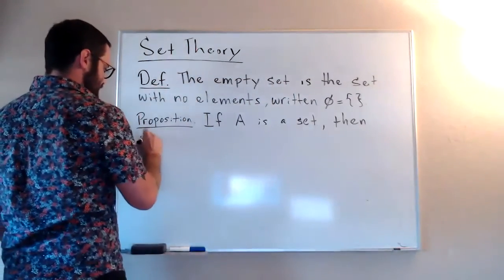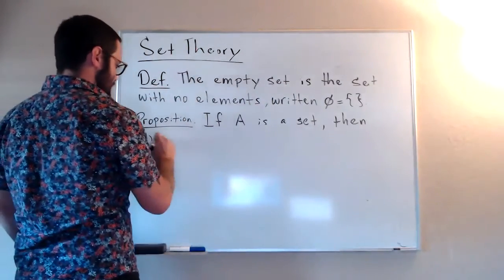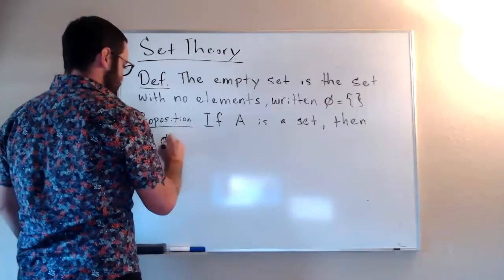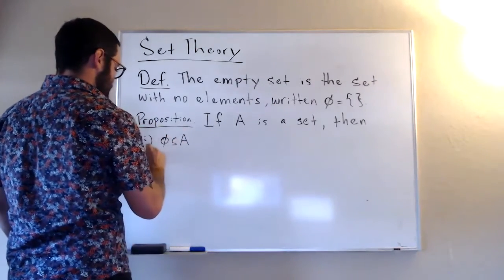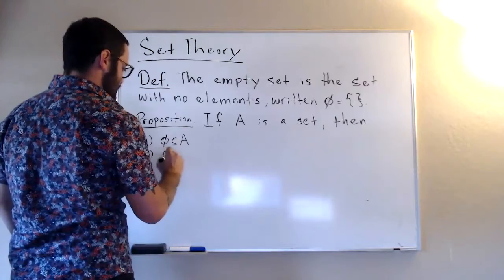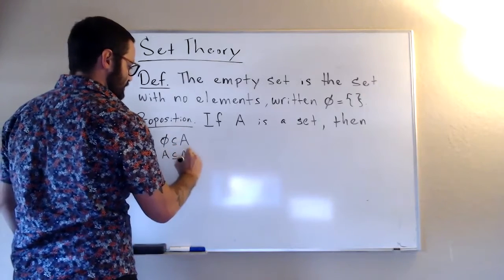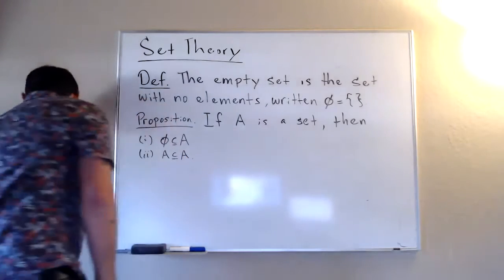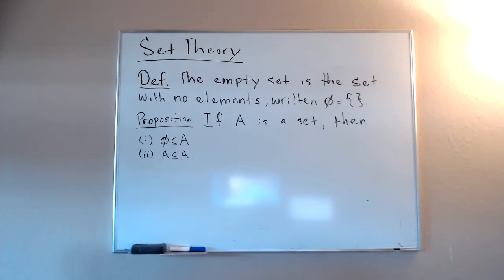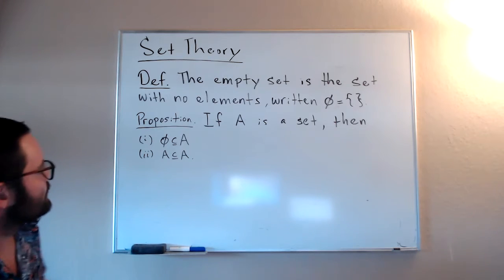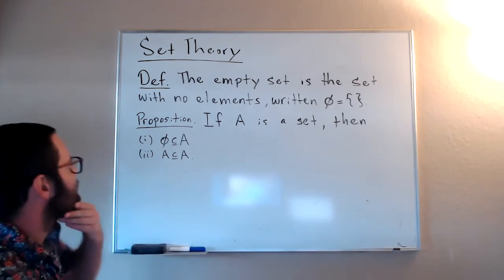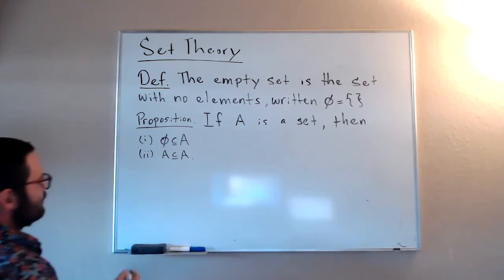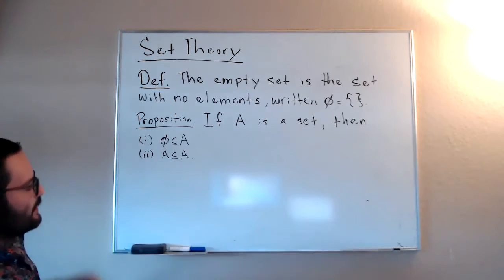We have I, the empty set is a subset of A. In part 2, A is a subset of A. So what part 1 here is saying is that the empty set is a subset of every set. Okay? So I'm going to go ahead and prove part I for you.